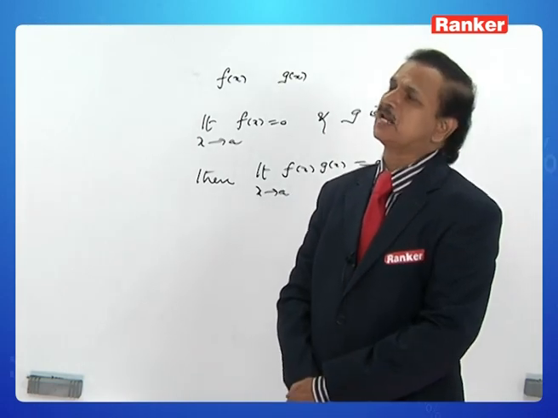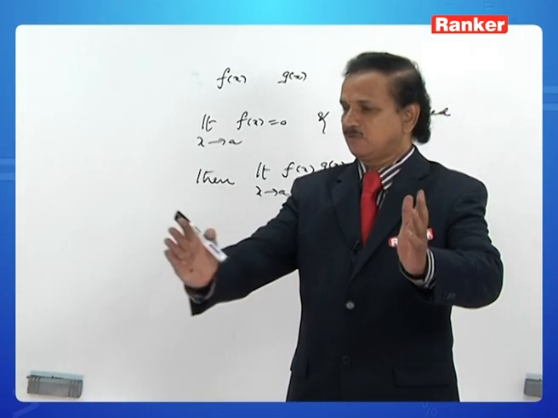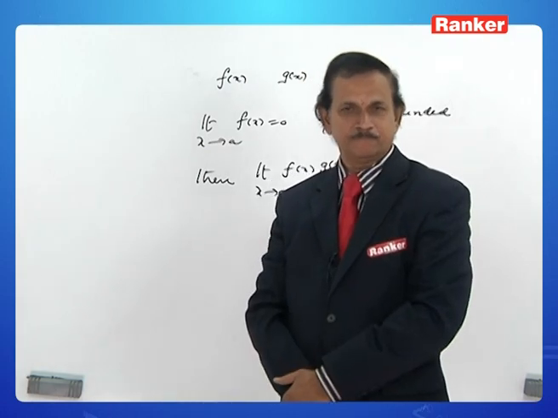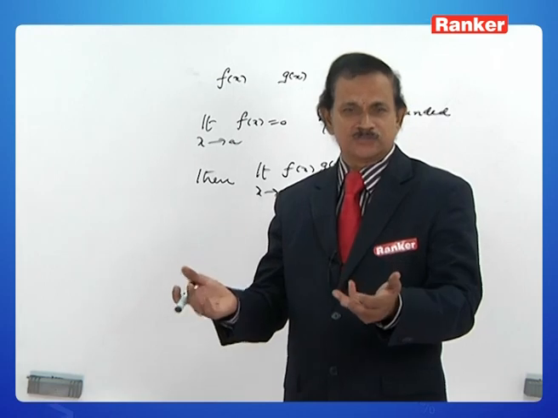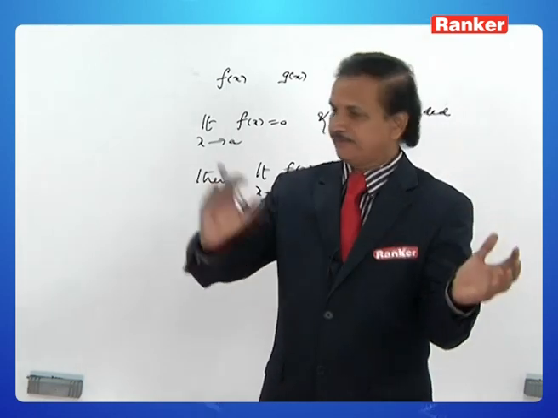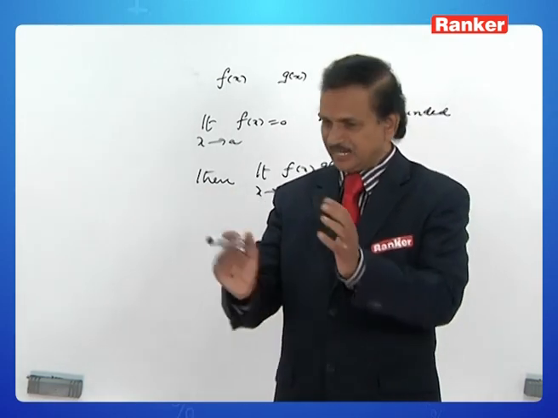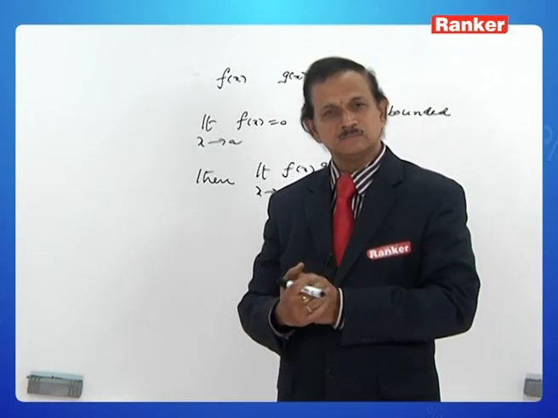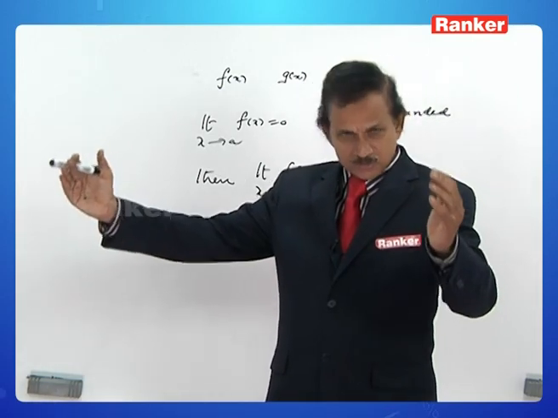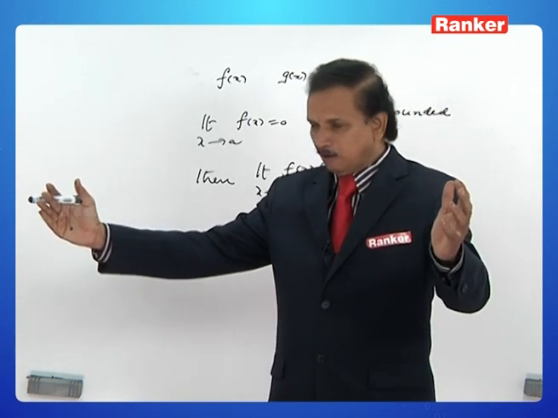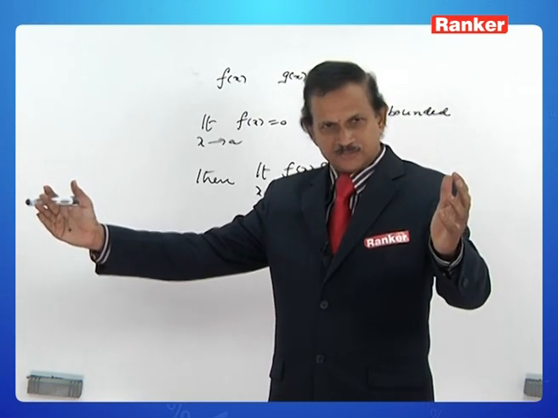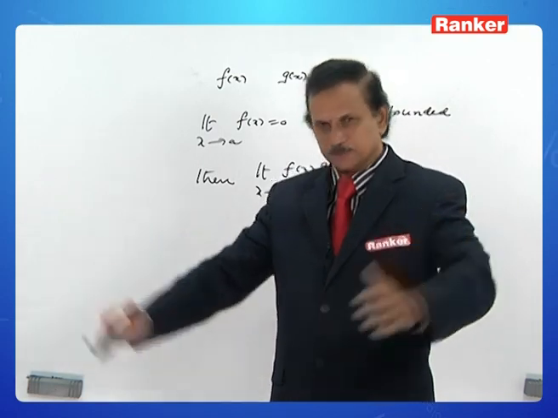If there exists a real number k such that the modulus of g of x is less than k. Or equivalently, a function g of x lies between minus k and k, between this number and that number. There must exist two real numbers, say k1 and k2, such that all the functional values should lie between k1 and k2.